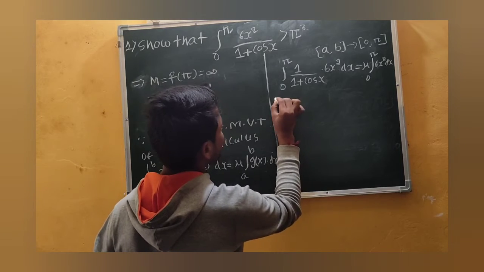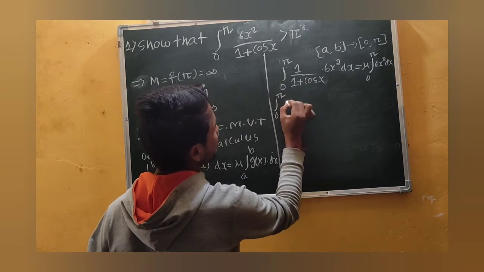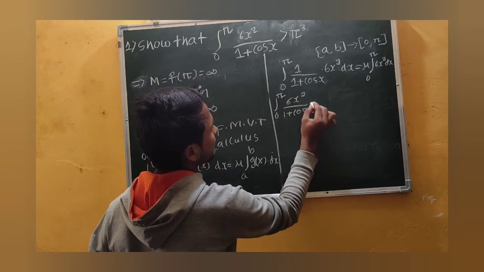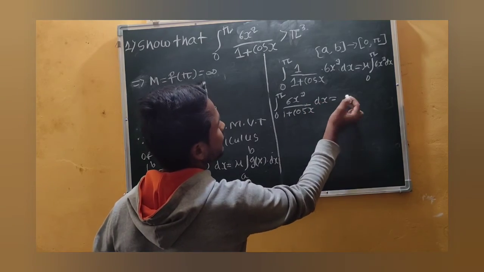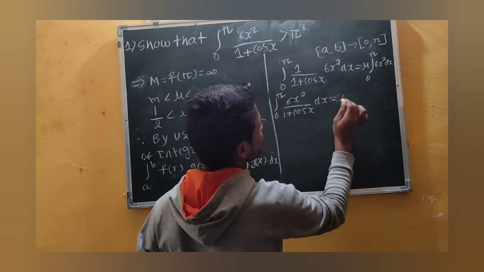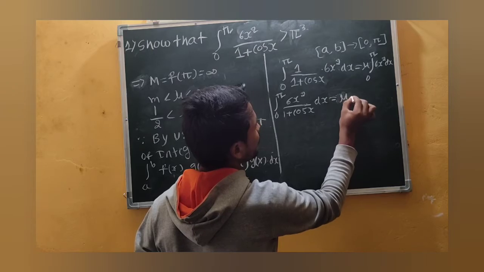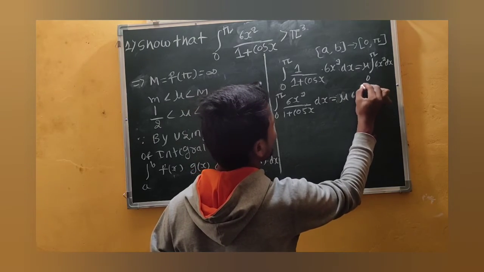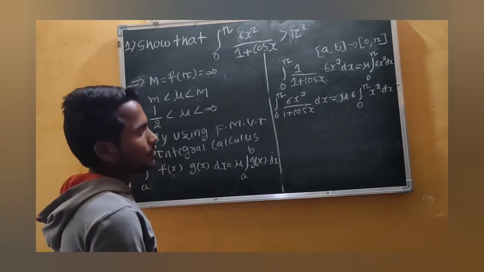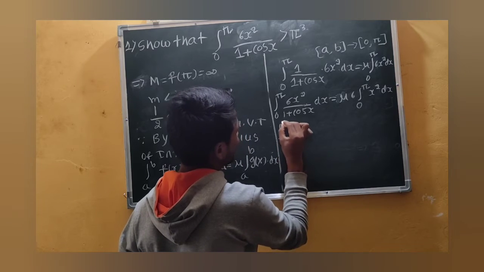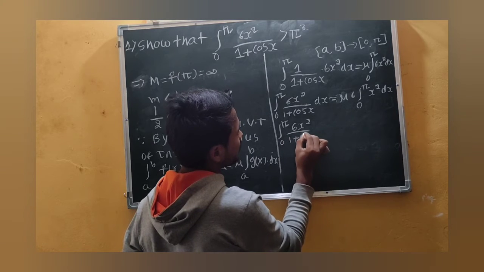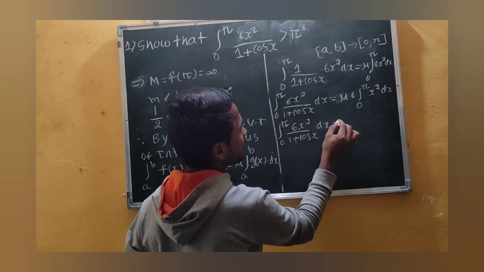Putting it in, integration 0 to pi of 6x square divided by 1 plus cos x into dx. 6 is common outside, so mu equals 6 times integration 0 to pi of x square dx.